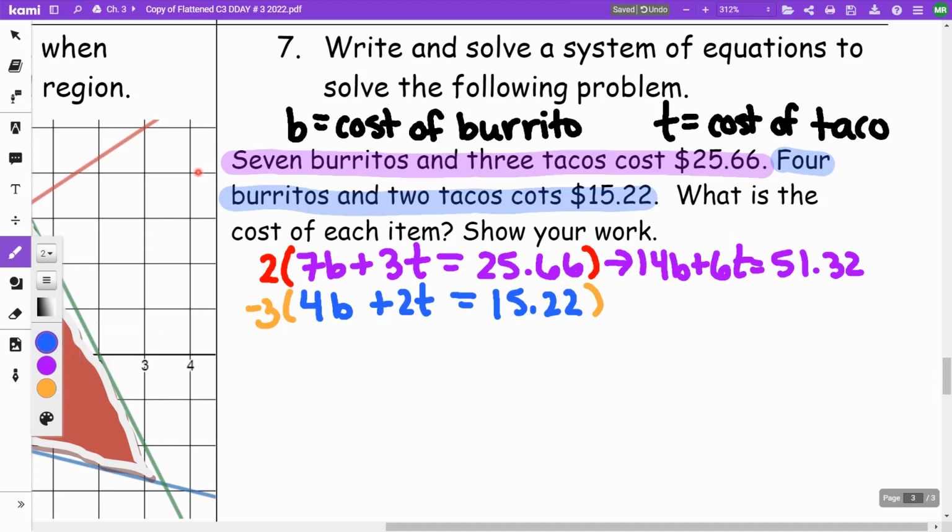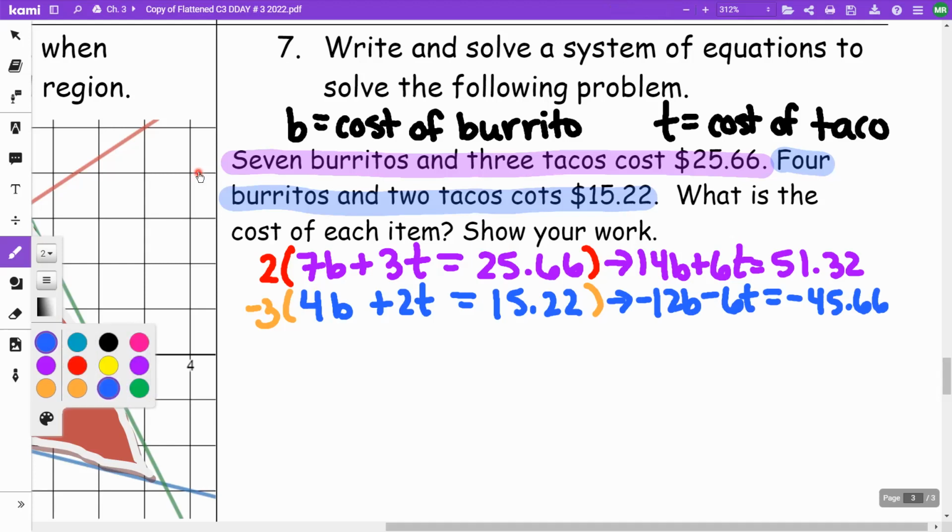And then this is going to be -12b minus 6t is equal to 15.22 times -3, which is -4566. I'm going to add the two equations together.